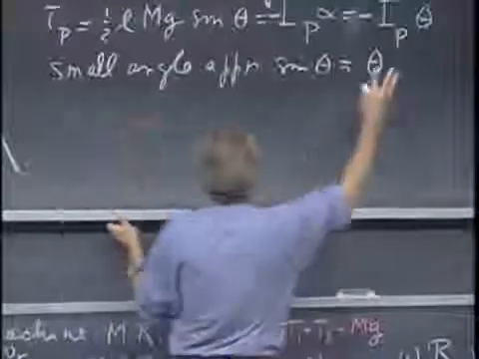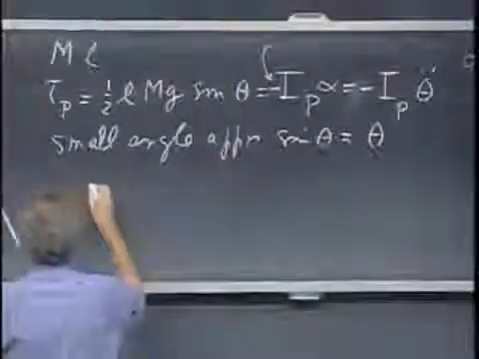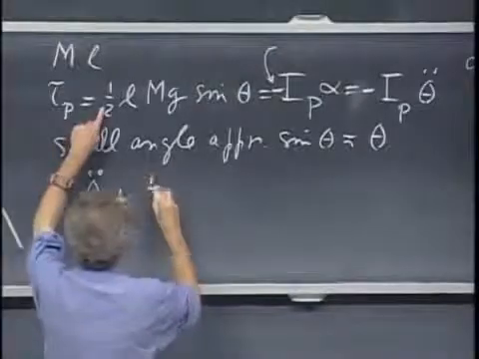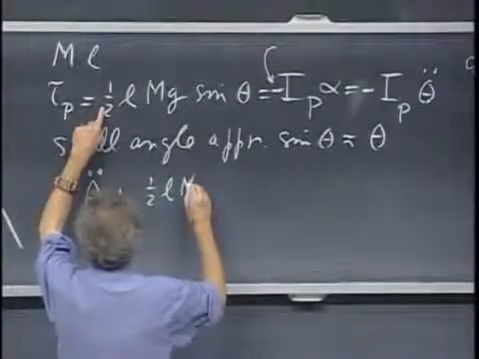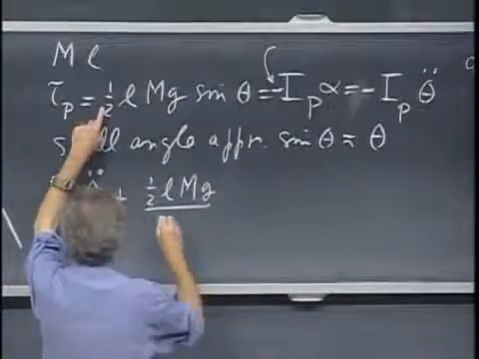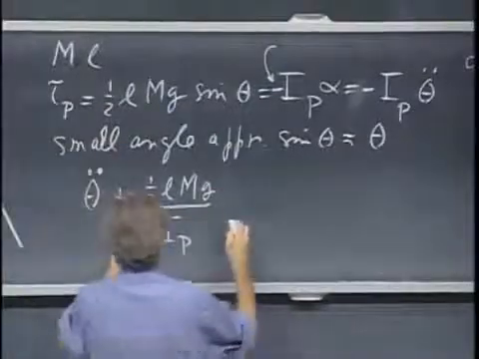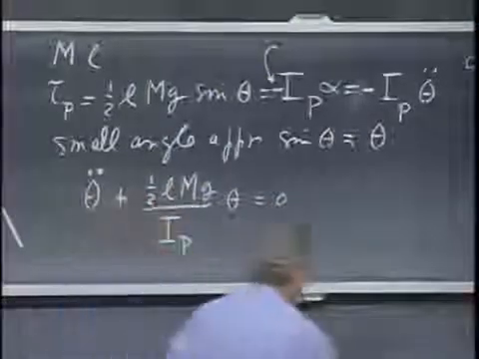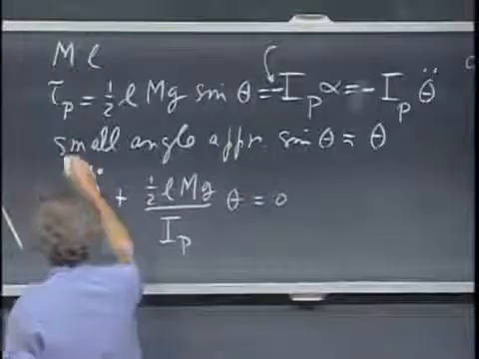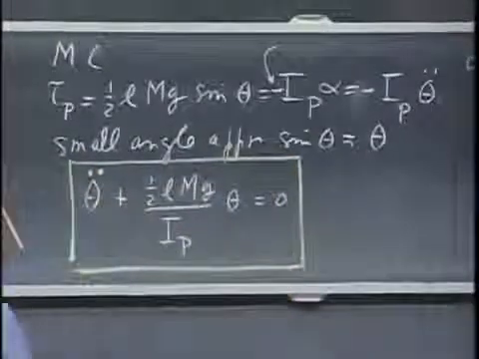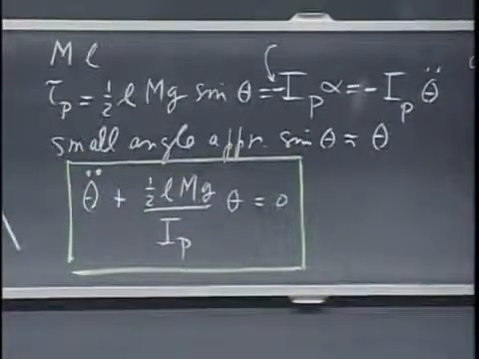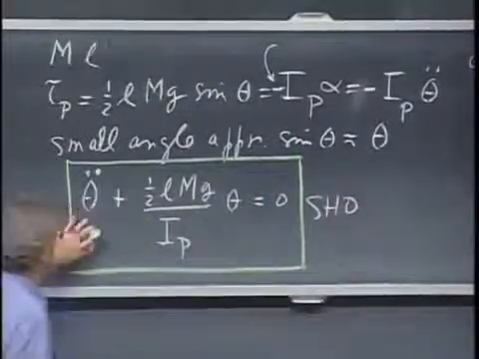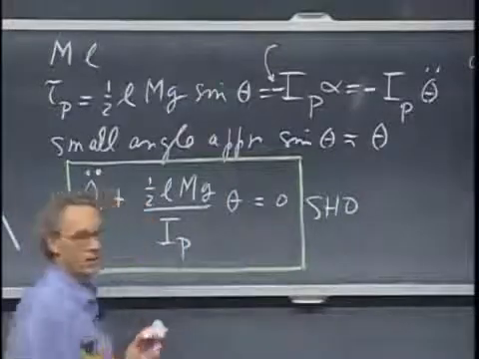And so now I find, if I bring this to the other side, I get theta double dot plus 1/2 L m g divided by the moment of inertia about point P times theta equals 0. Needless to say, I'm happy like a clam at high tide because I see here an equation which clearly tells me that we have a simple harmonic oscillation. Theta double dot plus a constant times theta is 0.